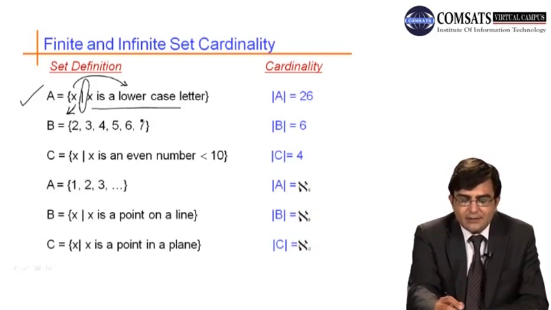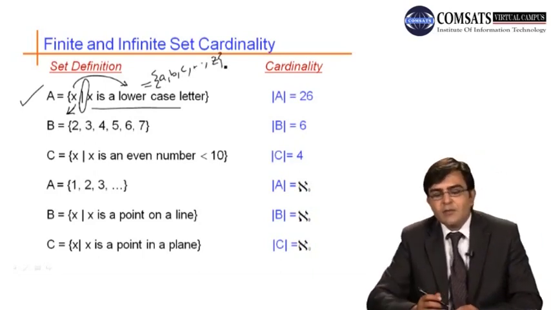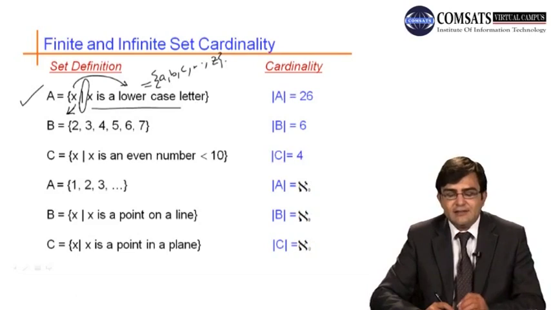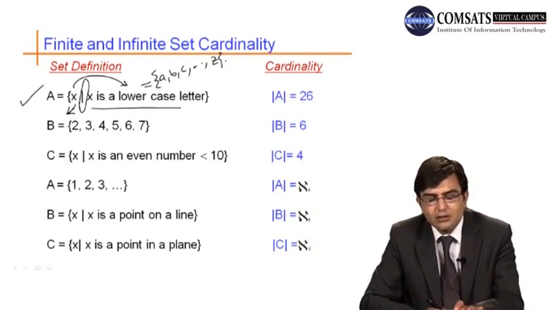So this set basically is the set of small letters of the alphabet, meaning a, b, c and so on up to z. This is basically the original set, because we have written this set in the descriptive form where x is such that we have mentioned x is a lowercase letter.